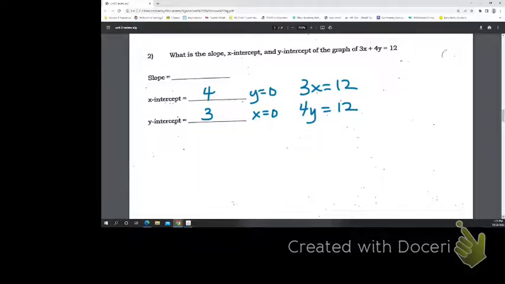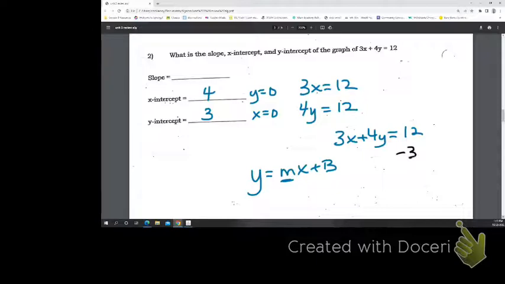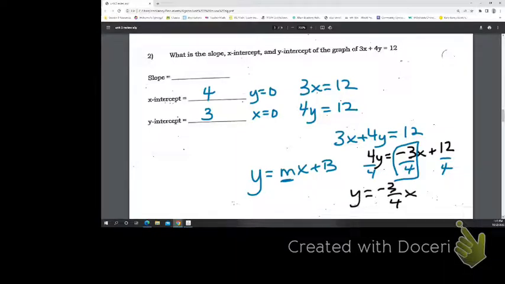The slope, well, there is a little bit of a shortcut, but probably for most of you, just think: if I can get the y by itself, then I know the slope lives next to the x. You cannot just take the 3 off the x and say it's the slope, because the y is not by itself. So if we move the x over, bring down our y, move it to the other side of the equal sign, that's why it becomes negative, because I subtract it to get it over there, and then divide everything by 4, and then bam, there's my slope, because this would be y is -3/4 x plus 3.